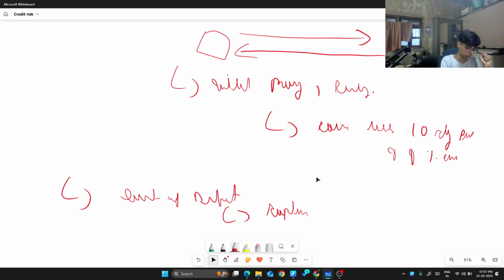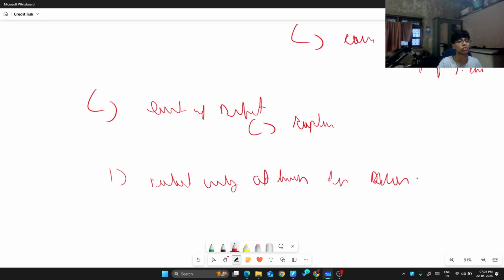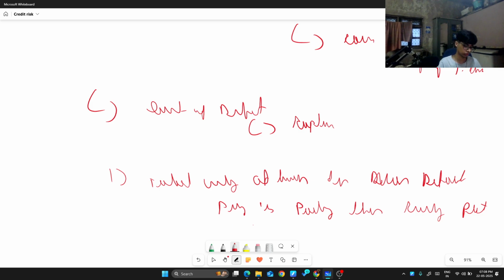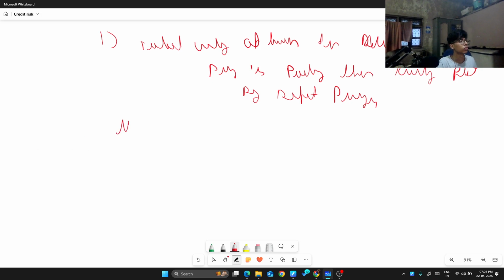So if the total value of the transaction to the non-defaulting party is positive, then the collateral posted by the defaulting party goes to the non-defaulting party, and the non-defaulting party is unsecured for the value of the transaction minus collateral.